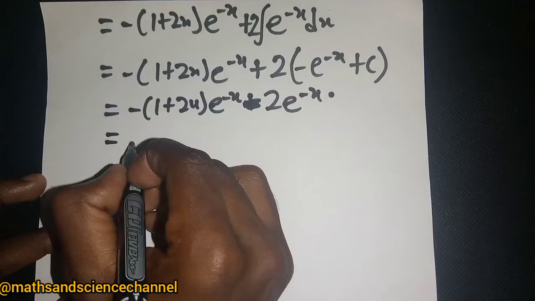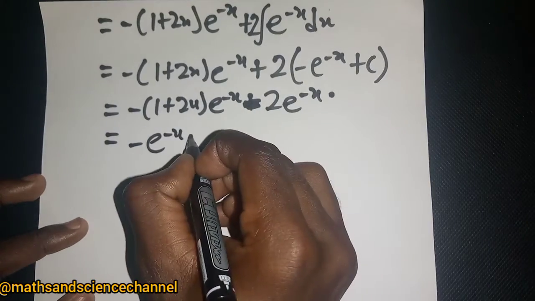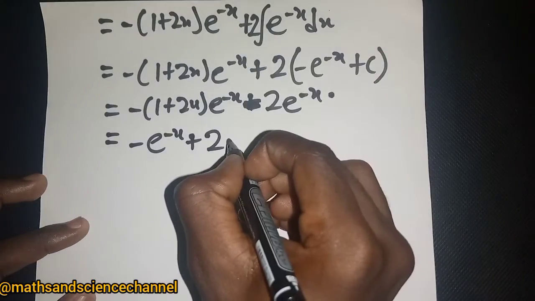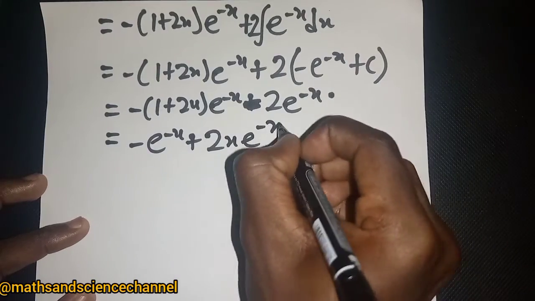Simplifying this, we have negative e to the negative x minus 2x e to the negative x.